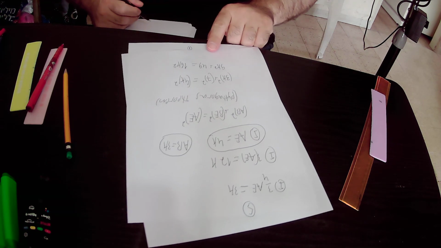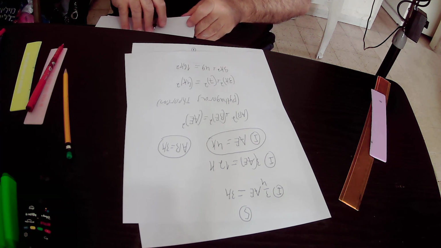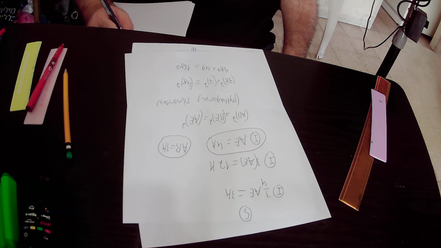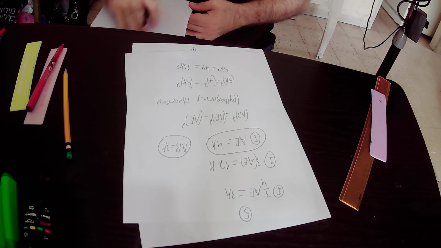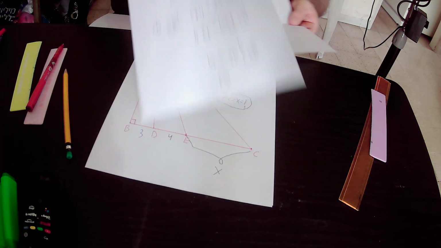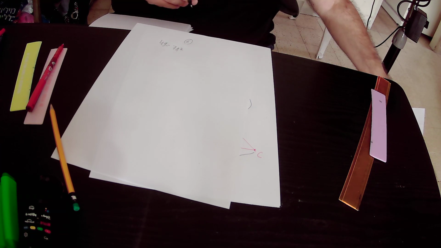So here we will subtract from this equality 9k square, and we will get that 49 equals 16 minus 9, which is 7. 49 equals 7k square.